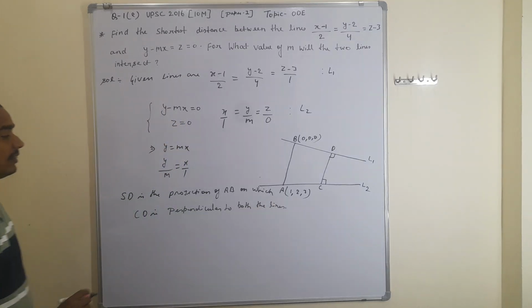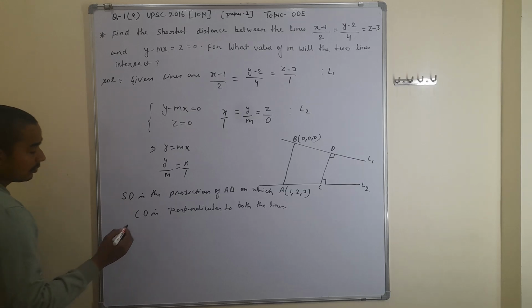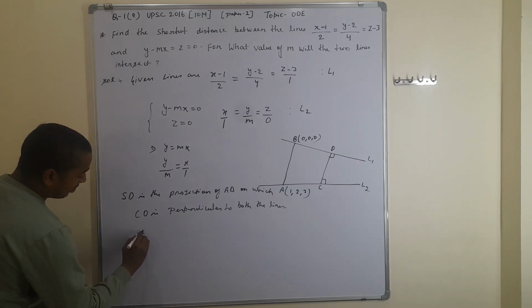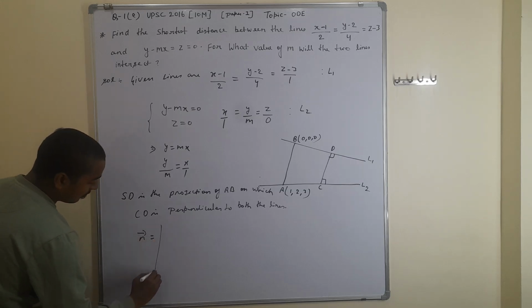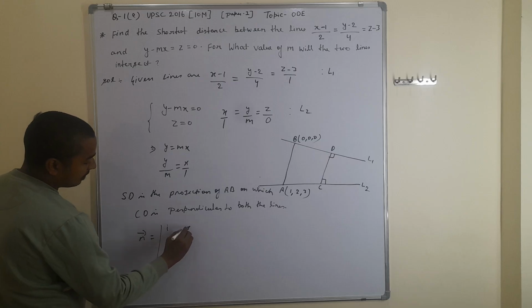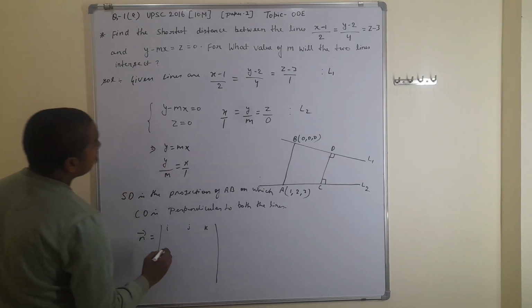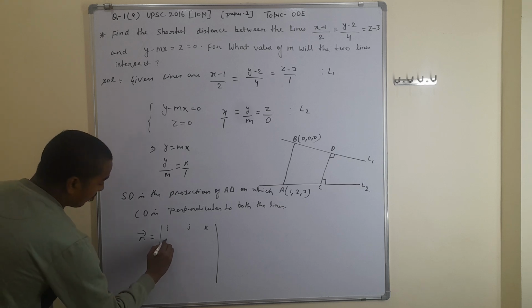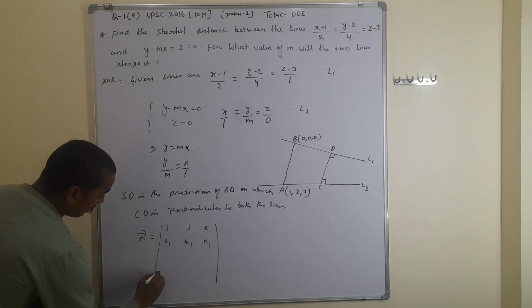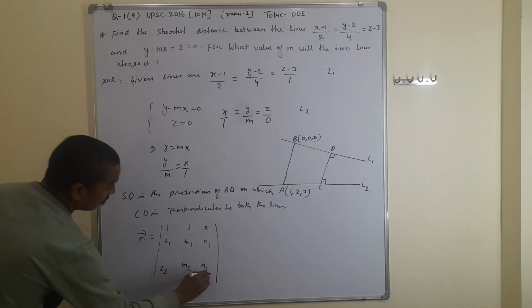We have to find the n vector by cross multiplying, that is, n vector is equal to the determinant with i, j, k, then L1 M1 N1 and L2 M2 N2.